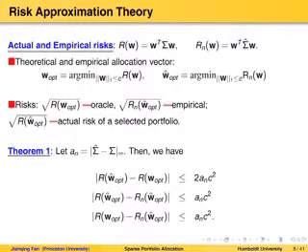So all those three quantities are close as long as C is not very large and the component-wise estimation error is not very large.